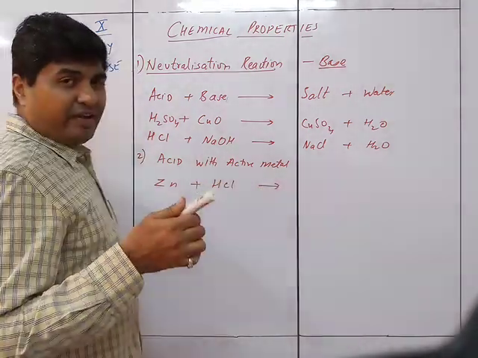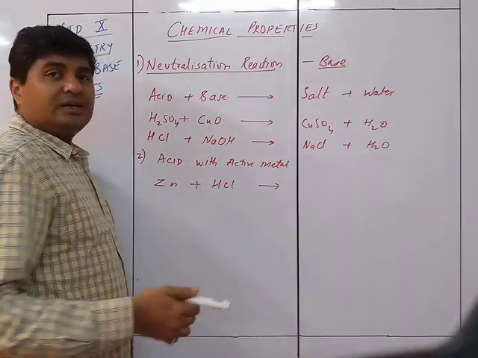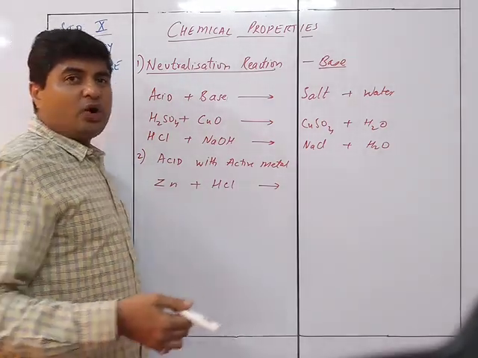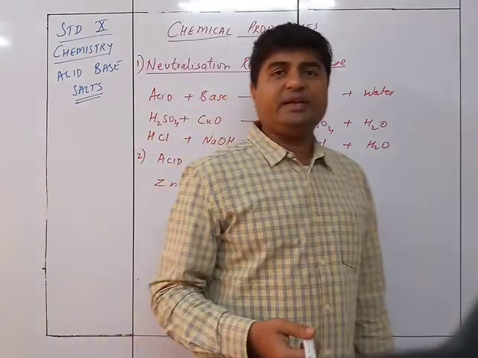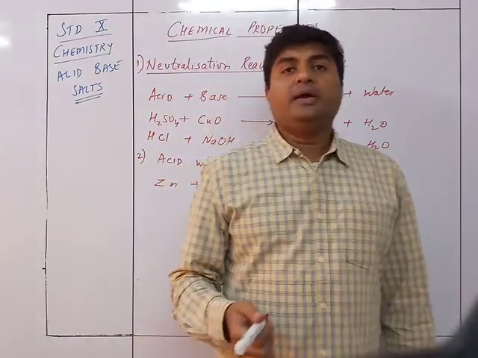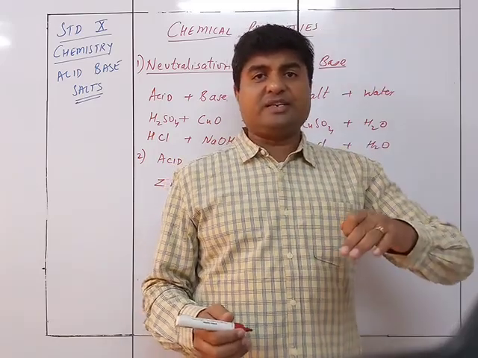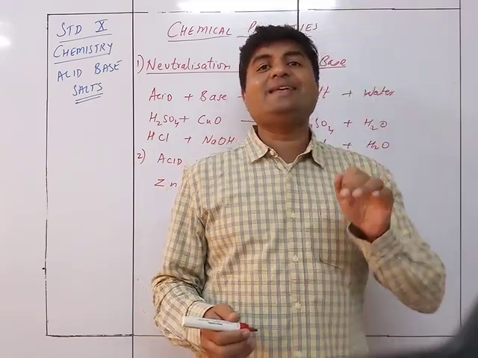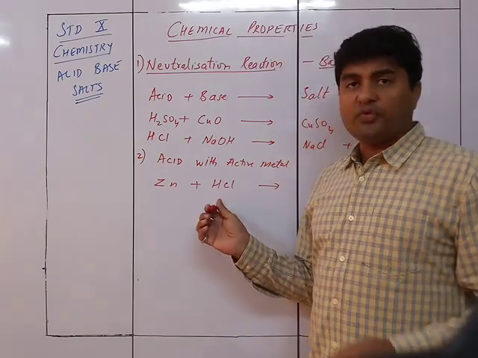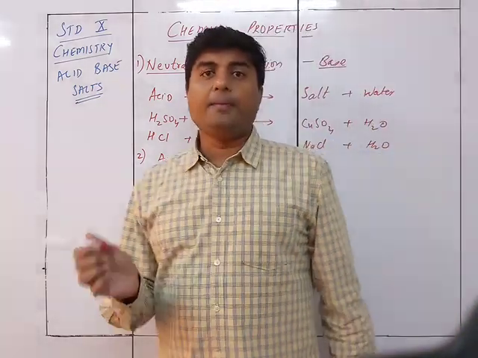Now we very well know that H and Zn. What is the position of Zn with respect to H in the reactivity series? In the reactivity series, we very well know that Zn is up and H is down. So Zn can easily kick out H from HCl and replace it.